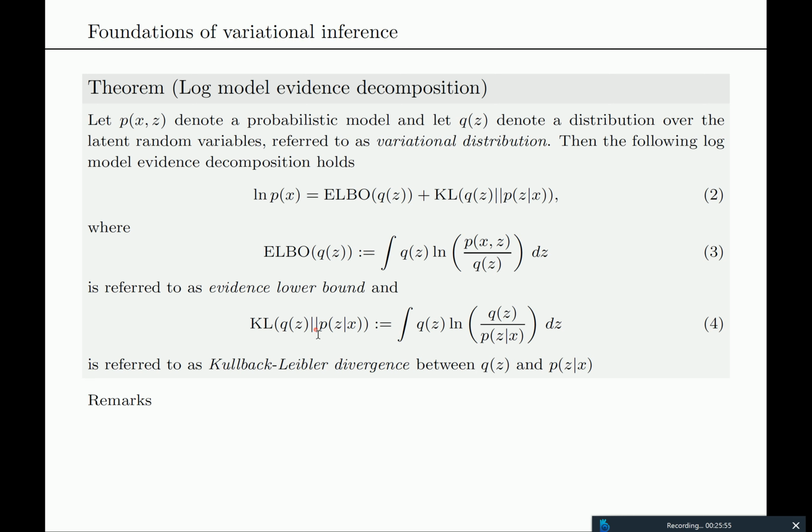It's classically notated with these two bars. They don't have any specific meaning, and you never see them besides the KL divergence. But this notation is not unhelpful, because you always see that the KL divergence is between this and this.